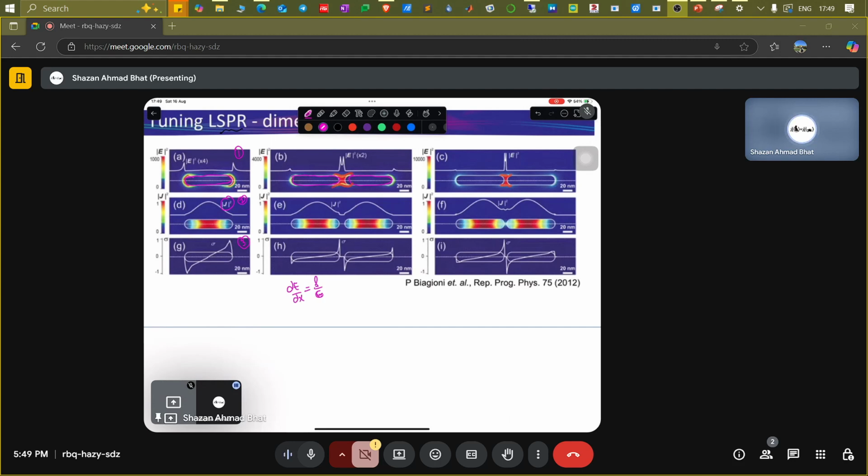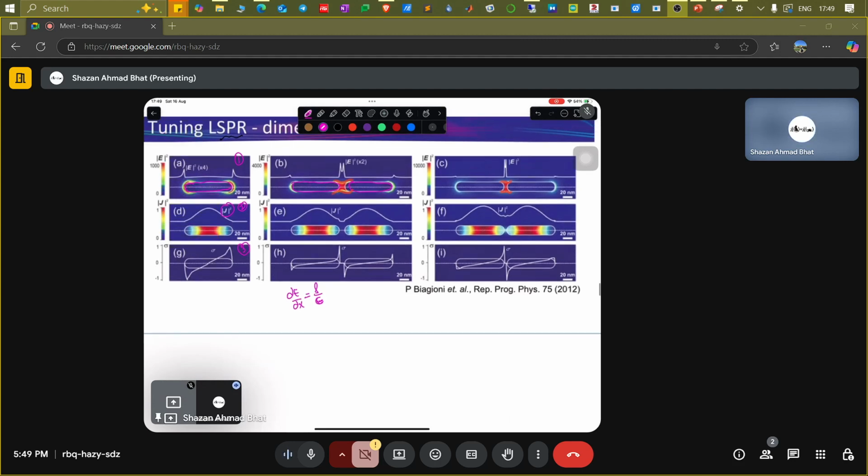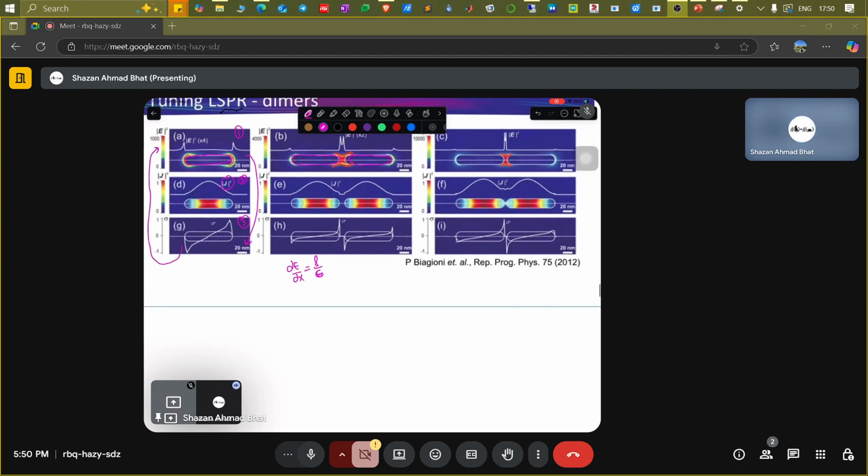This is basically the normal Poisson equation. If you know this, you can integrate it to get the electric field, or if you have the electric field, you can differentiate it and you get the charge profile.